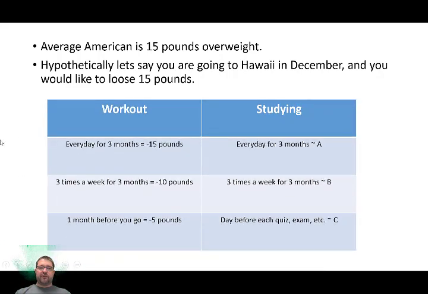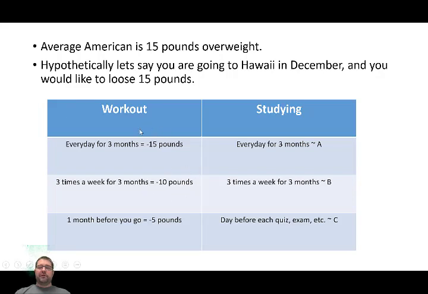Okay, so let's say you are looking at losing 15 pounds and you decide, hey, I'm going to work out every single day for the next 3 months. You're probably going to lose those 15 pounds. Okay? I'm not guaranteeing it, but the odds are much better that you're going to lose those 15 pounds than if you didn't work out at all. Okay? Let's say you decide, I'm going to work out 3 times a week for 3 months.